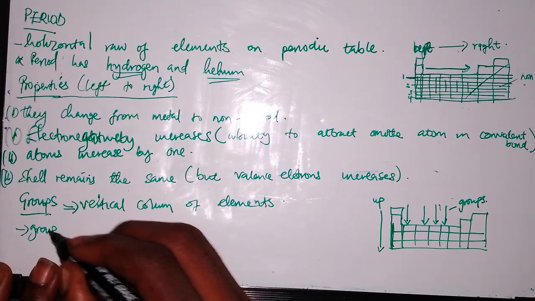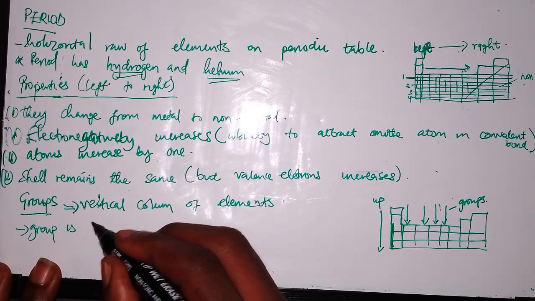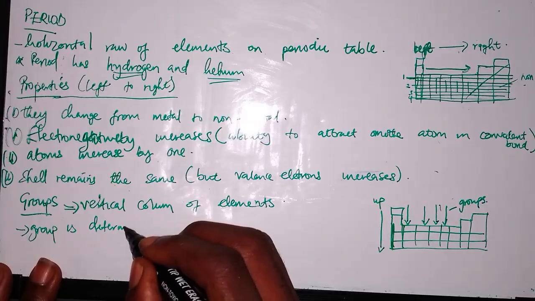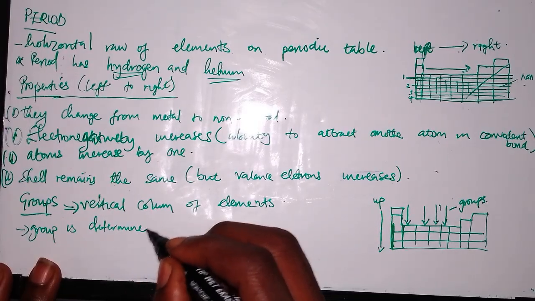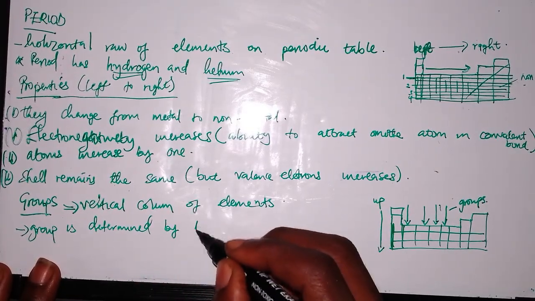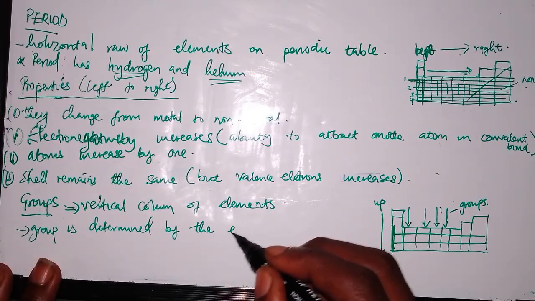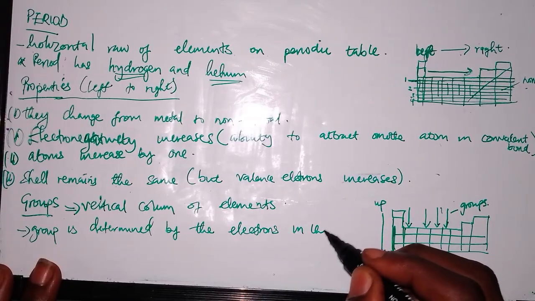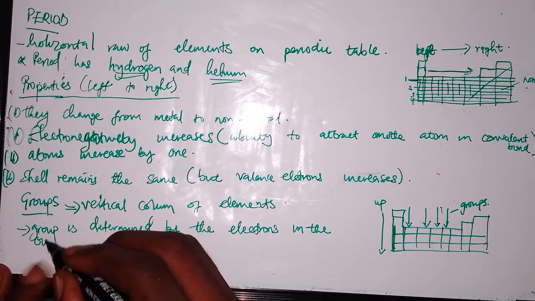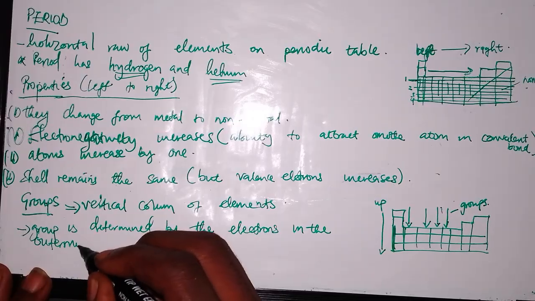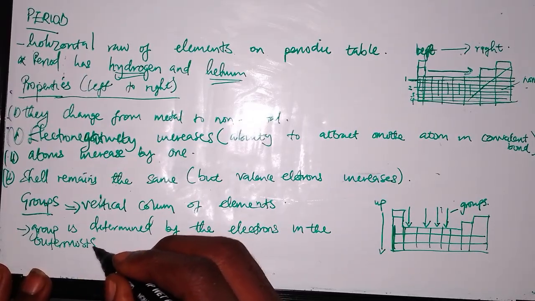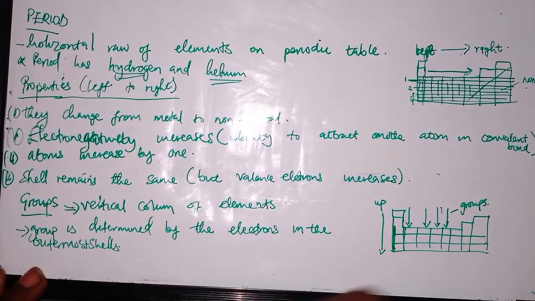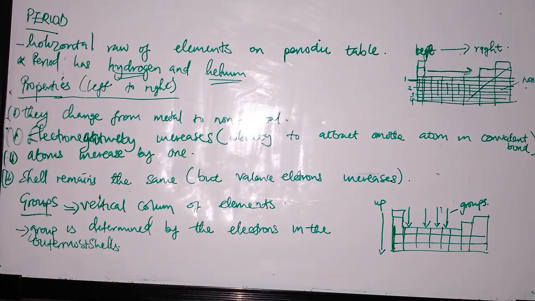So a group is determined by the electrons in the outermost shell. So whatever electrons you have in the last shell, that is the group of an element.